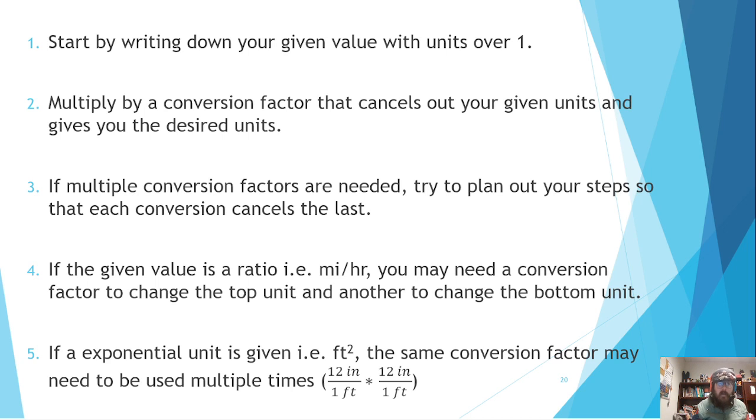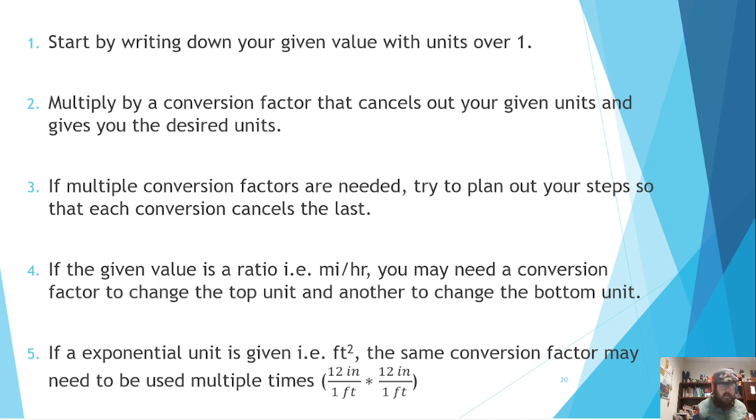Now, if I have to do multiple conversions to get to where I need to go, try to plan out your steps so that each conversion cancels the last. You might not know how many seconds are in an hour, but you should know how many seconds are in a minute. And we should know how many minutes are in an hour. So if I'm going seconds to hours, I'd go seconds to minutes, minutes to hours.